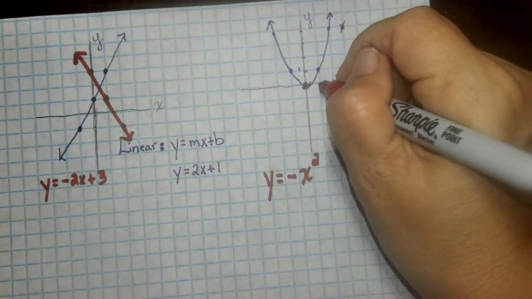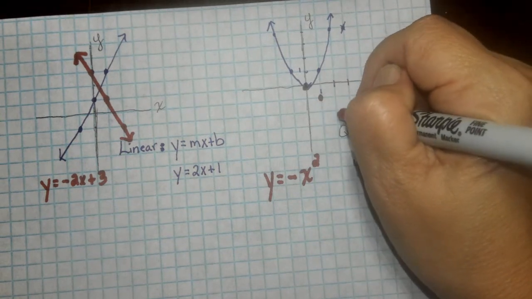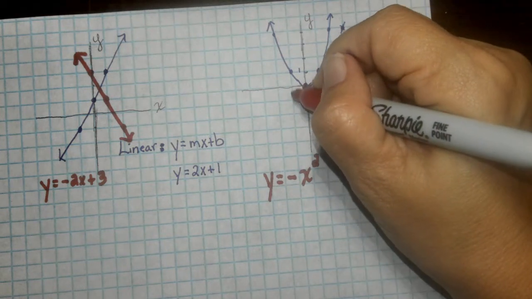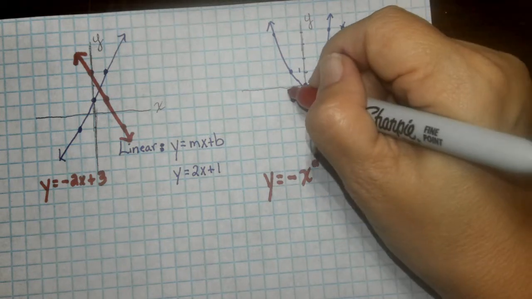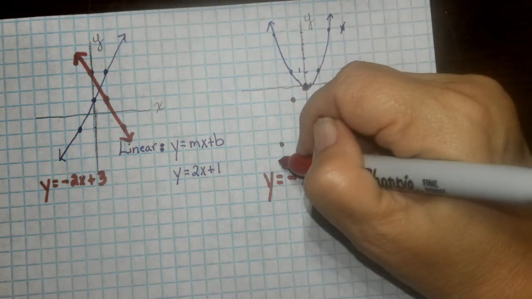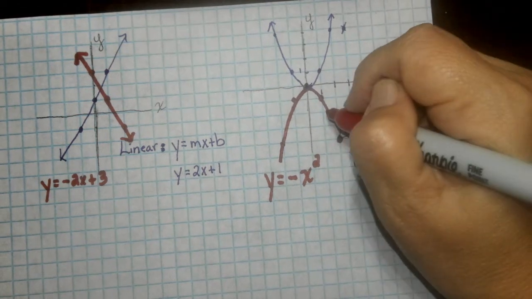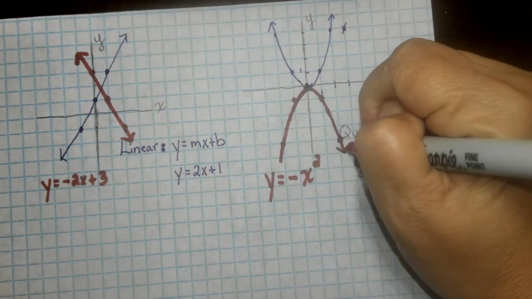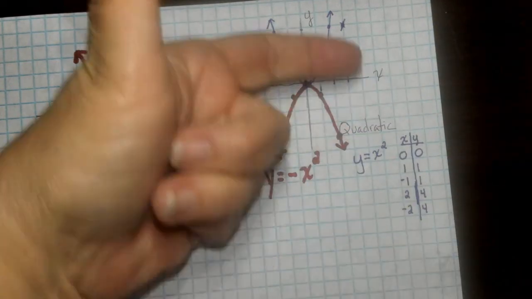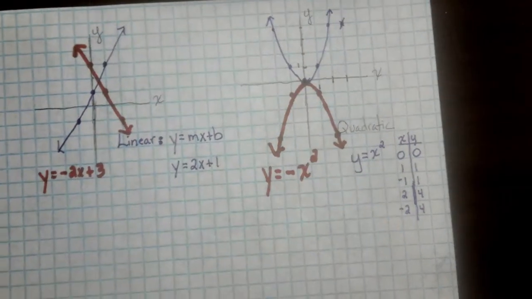But now it's going to go through 1, negative 1. And it's going to go through 2, negative 4, negative 1, negative 1, and negative 2, negative 4. So now my parabola is going to open down. This negative made my parabola reflect over the x-axis.